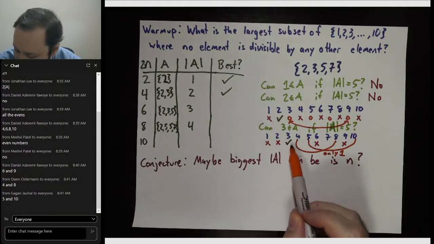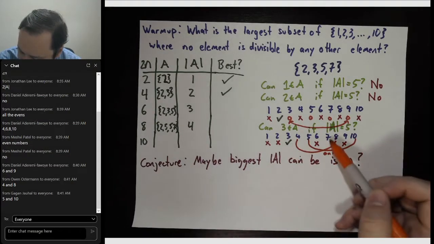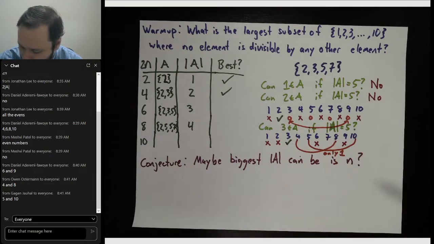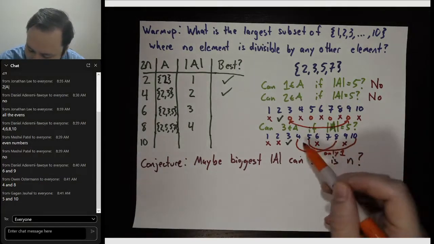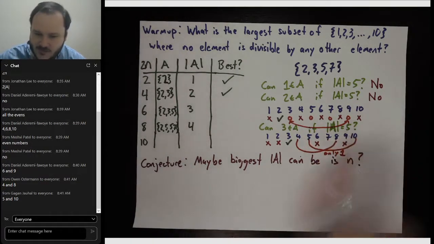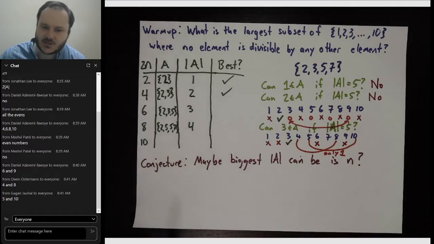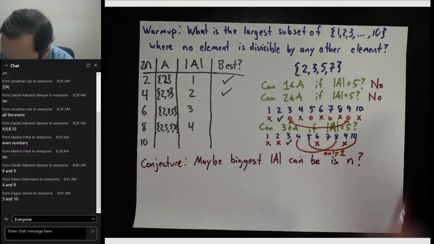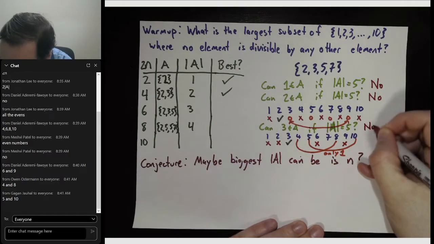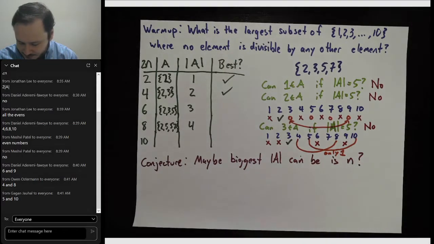So if I have 3, sure, go ahead, throw in 7. Not worried about that. But then you only get 1 out of 4 and 8, and you only get 1 out of 5 and 10. So if 3 is in my set A, the best you can possibly do is 4. Can't make it all the way up to 5.